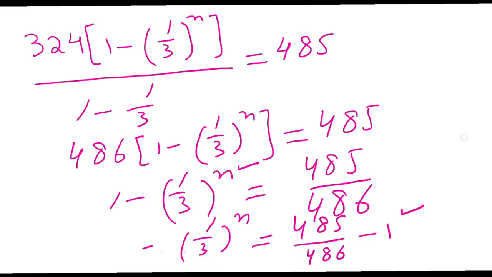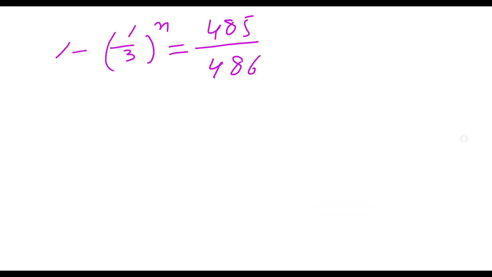I show you if it's like this how to do. And the second option is this one. I can swap around. Negative 1 over 3, if I pull over right hand side, become positive, and 485 over 486, if I pull left hand side, become negative.